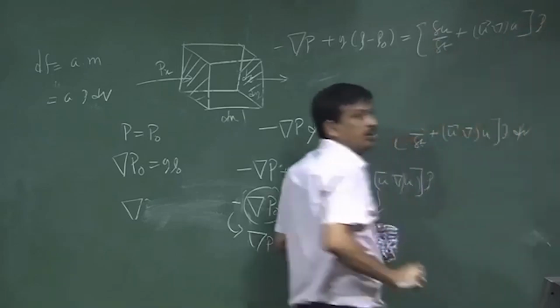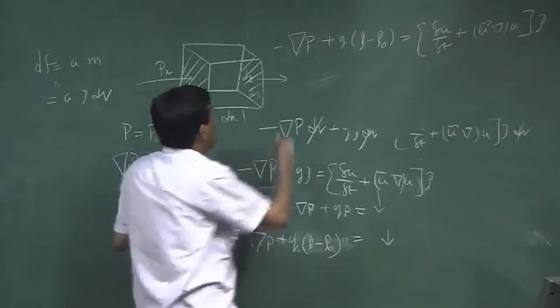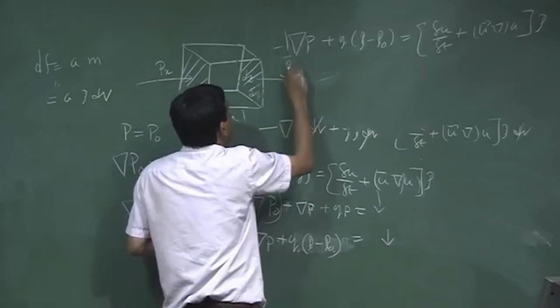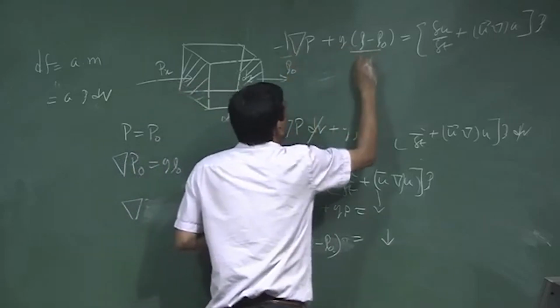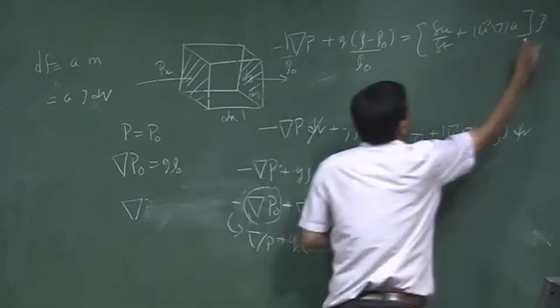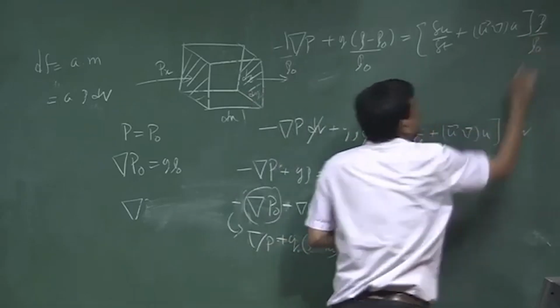Is it okay or not? Now, I divide by 1 by rho 0 on both sides, p by rho 0.